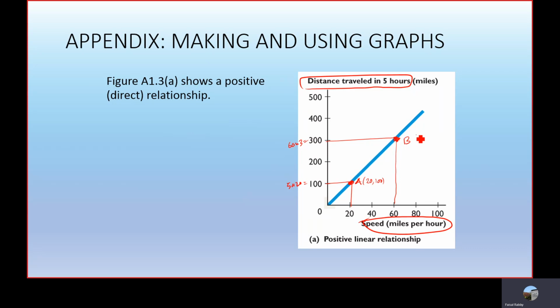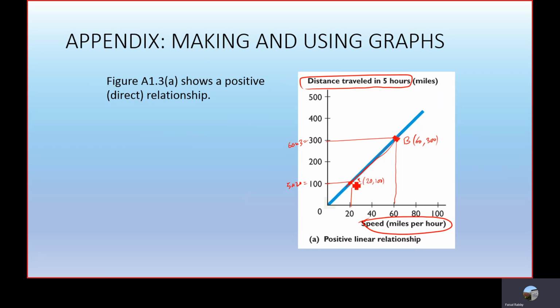And then we find another coordinate point that shows the relation between this speed 60 and this total distance crossed, 300. So now, if I just connect points A and B with a line or with a curve, what I find is an upward sloping line. What do we mean by an upward sloping line?